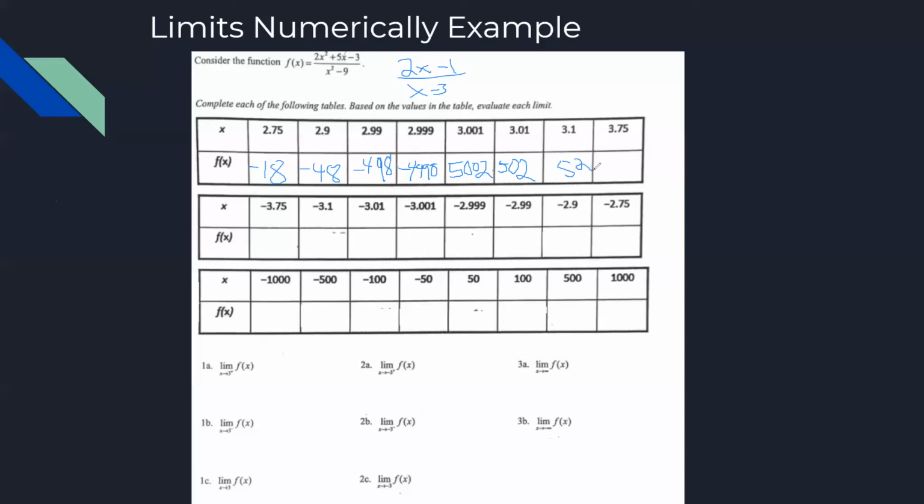So 2 times 3.75 minus 1 divided by the quantity, 3.75 minus 3 is equal to 8.8. Just erase this. 0.66 repeating.